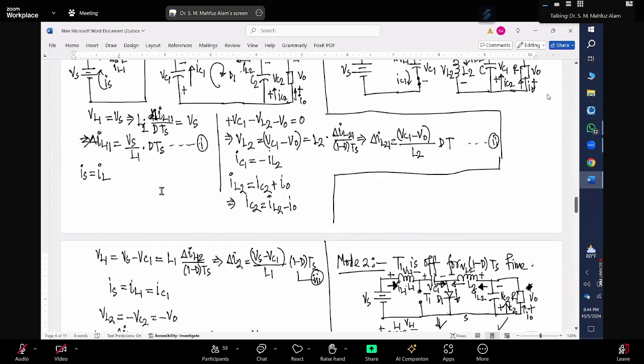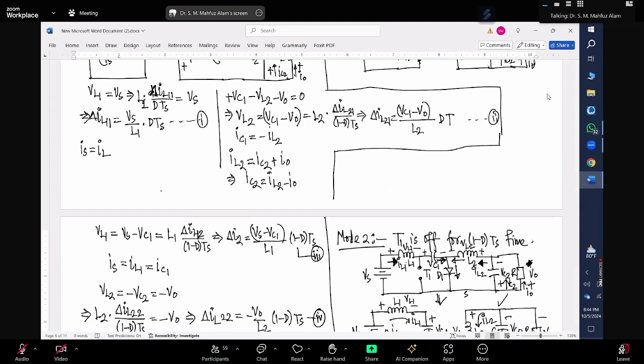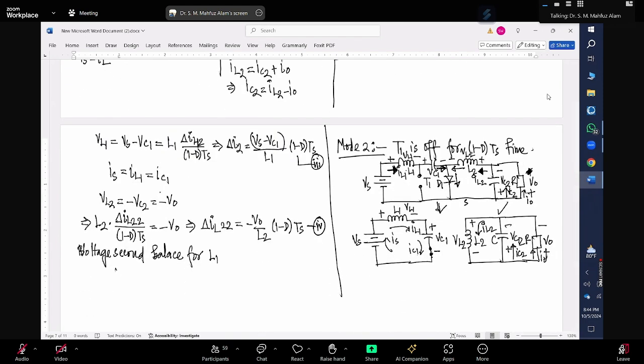What was the voltage on L1 during mode 1? It was Vs, right? So we can write Vs multiplied by D into Ts plus what is the voltage across the inductor 1 when the transistor is turned off, it should be Vs minus VC1 multiplied by (1 minus D) into Ts, that should be equal to 0, right?